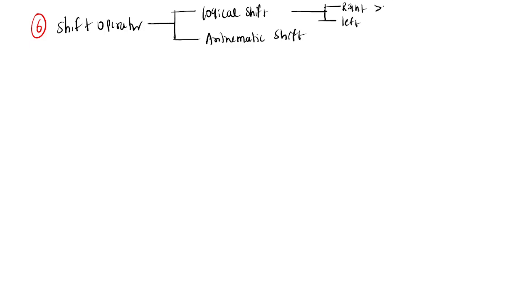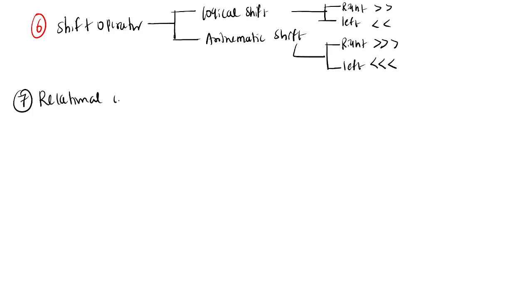Right shift will be this symbol, left shift will be this symbol. Arithmetic shift also has right shift and left shift. Okay, and the relational operators. The symbols are greater than, less than, greater than or equal to, less than or equal to.